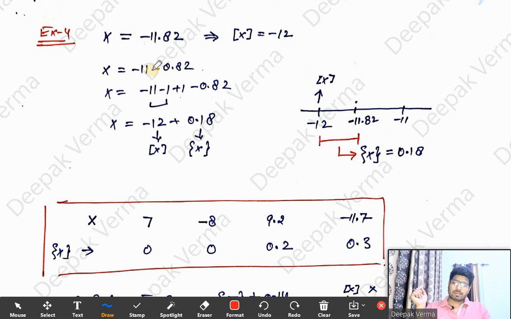Here the fractional part is also negative, but since we know that the fractional part can never be negative, in order to make it positive, what we do is minus 1 plus 1. Got it? So minus 11 minus 1 is minus 12. 1 minus 0.82 is what? 0.18. You can calculate it yourself.